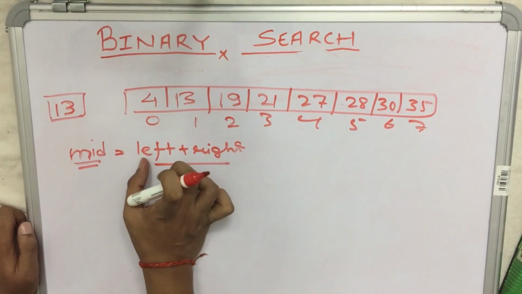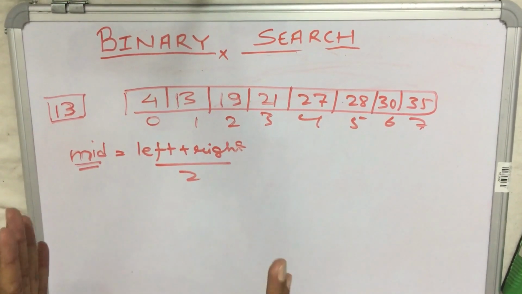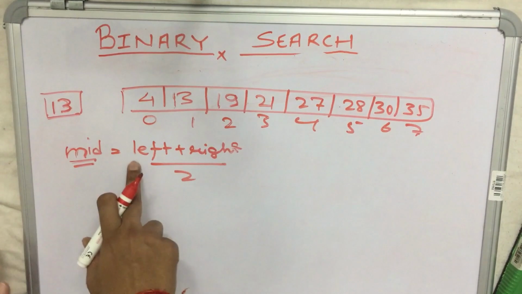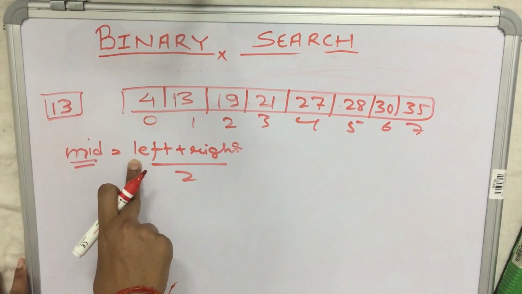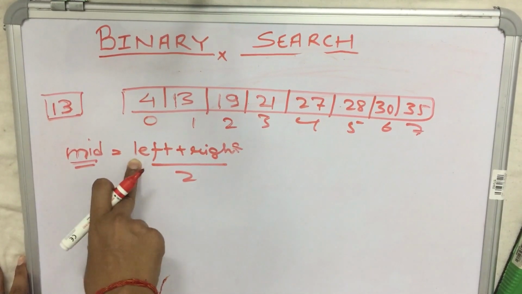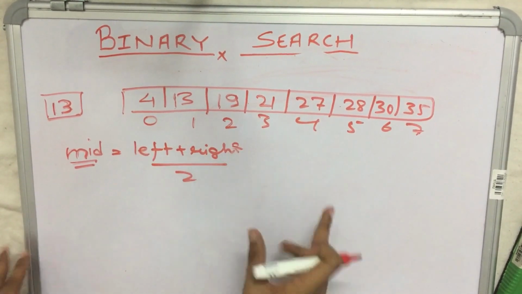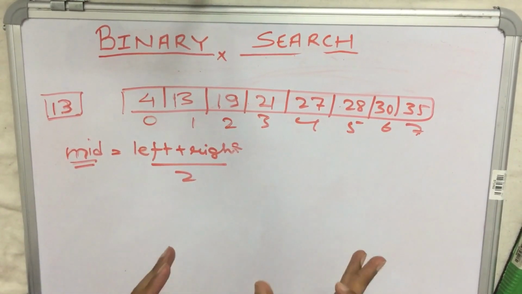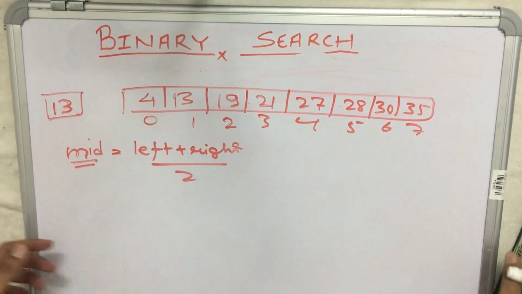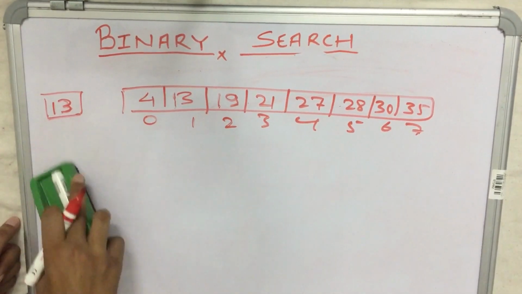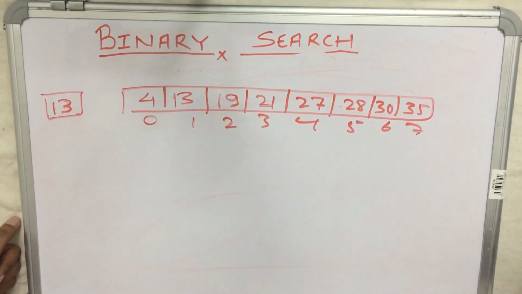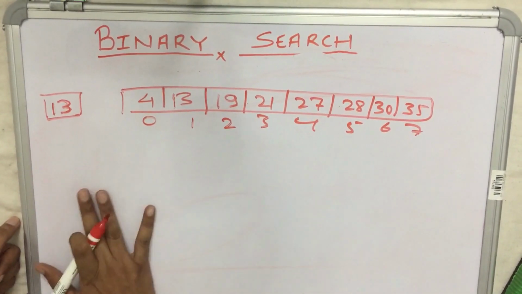Left represents the leftmost index of the array or subpart of the array we are looking at, and right is the rightmost index of that array. Keep in mind that we are going to use this formula only. So let's implement that formula here.